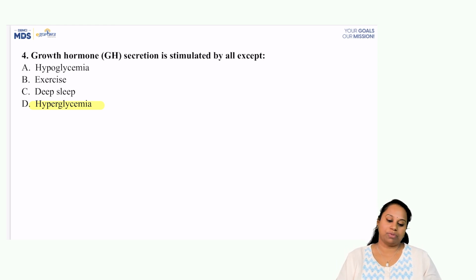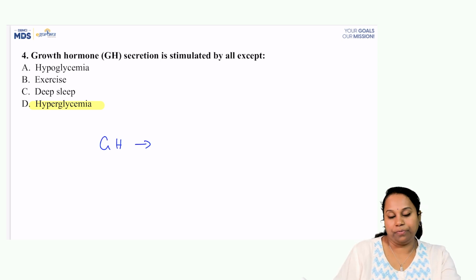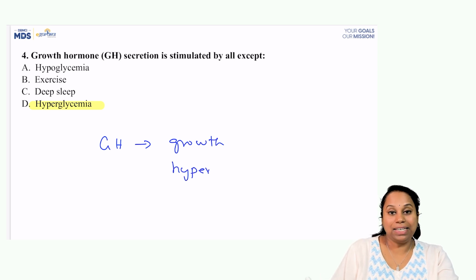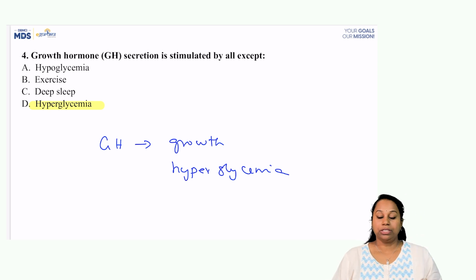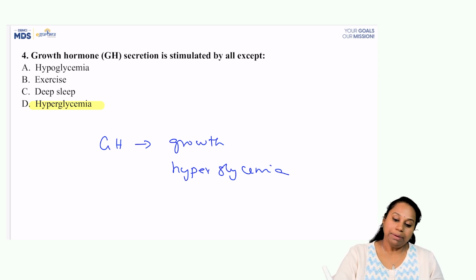Question number 4. Growth hormone secretion is stimulated by all except. The main effects of growth hormone are that it can cause growth and it also increases blood glucose levels, causing hyperglycemia. So growth hormone is stimulated by all except hyperglycemia.